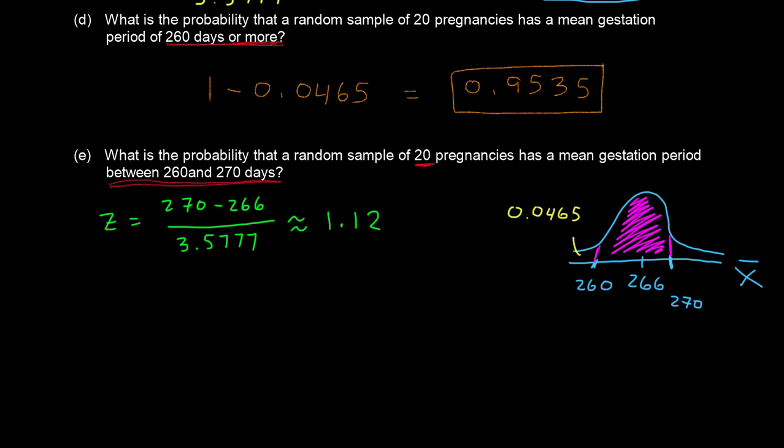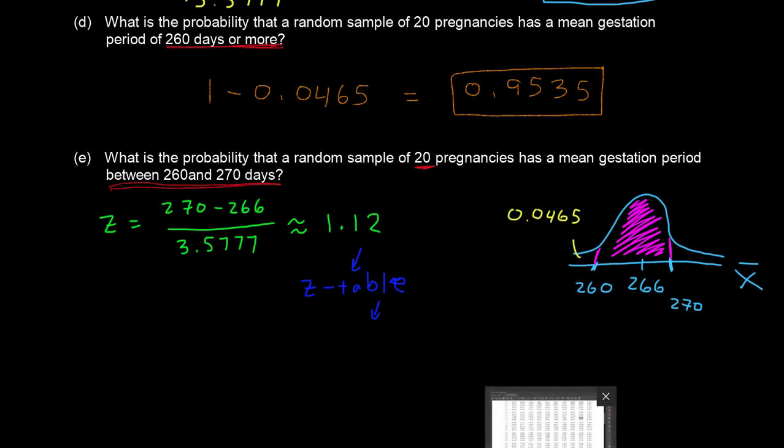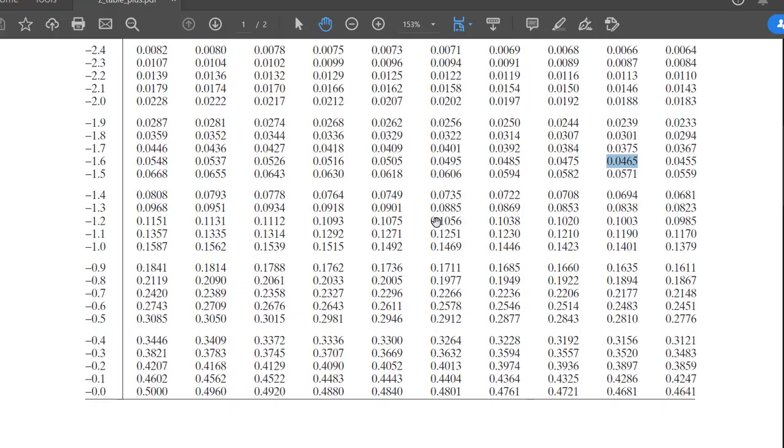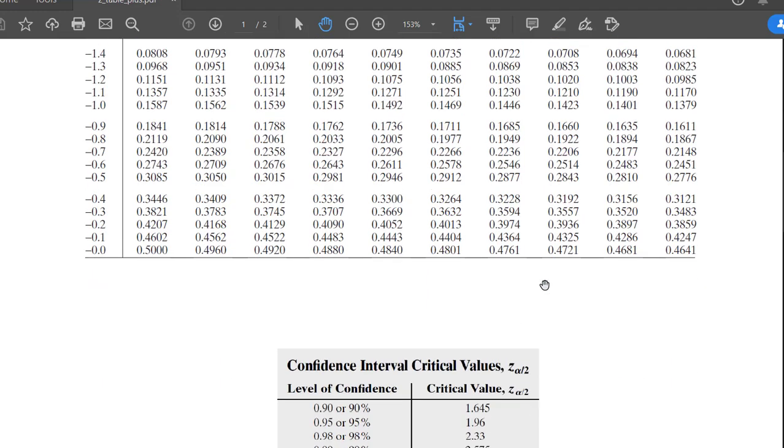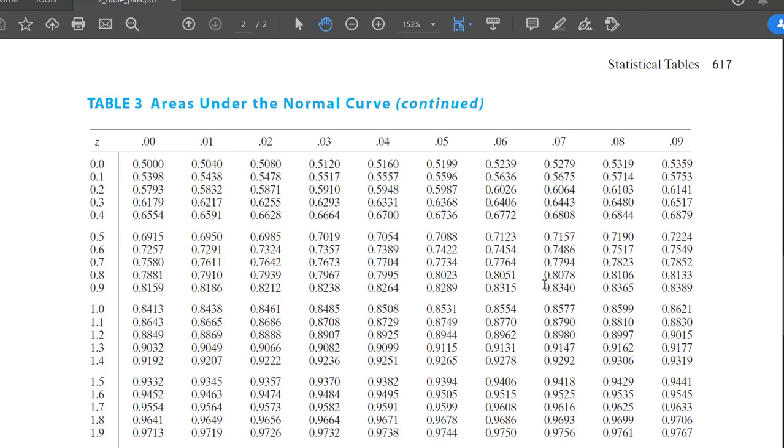Just like earlier, we're going to take that z-score to the z-table, find the corresponding probability to the left of 270. So that's a positive z-score, 1.12. I will highlight that value. And that is the area, or the probability, below 270, 0.8686.